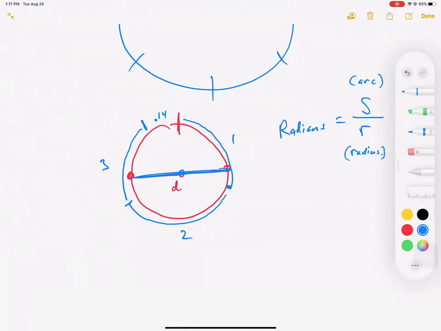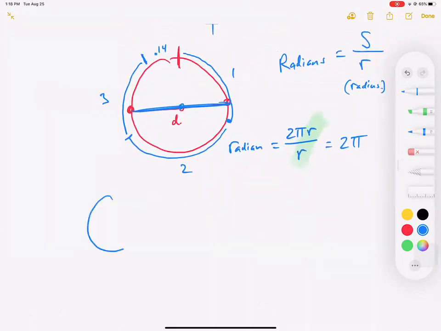Our equation was 2 pi r. If we divide that by the radius, this will give us the radians definition. And if you notice, there's something interesting about this formula. No matter what, the r's always divide out. When the r's divide out, we are left with radians of 2 pi. To go around a full circle, any size circle, it is always going to be 2 pi.